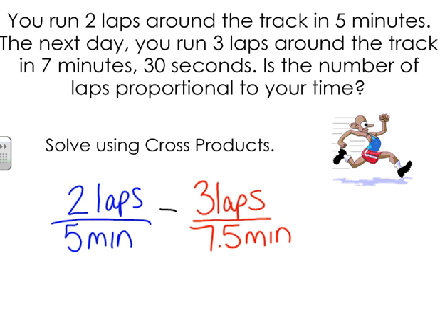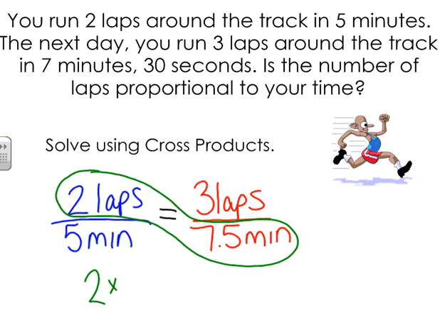Okay, I'm going to test to see if these are proportional using cross products. So I'm going to multiply 2 times 7.5. Next, I'm going to multiply 5 times 3.